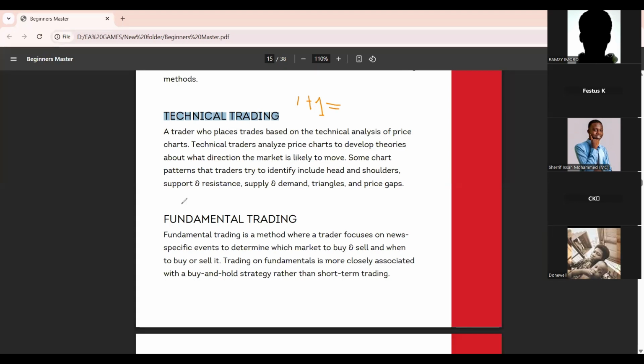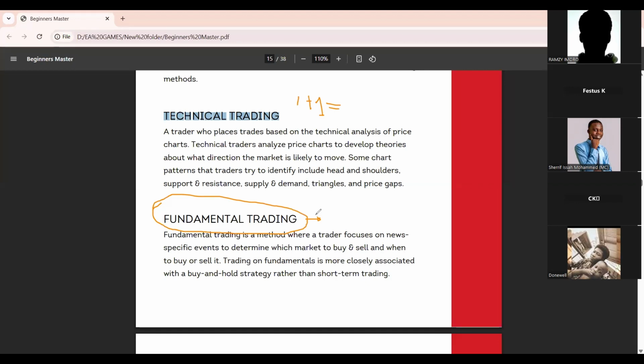And for fundamental trading, as I said yesterday, the kind of people who actually push the market are politics, hedge funds, and banks. So fundamental trading is you taking information from what is happening within these areas and how it can affect the market.